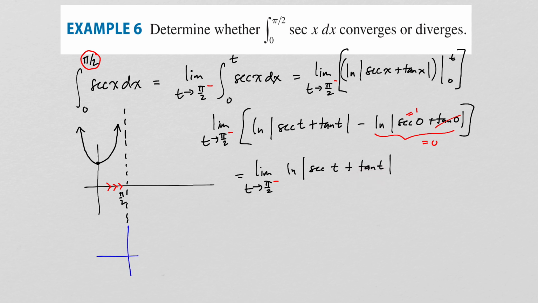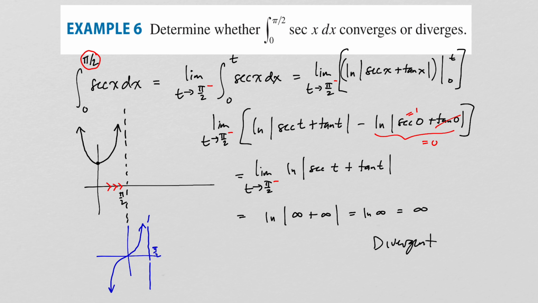Well, let's remember the tangent graph looks like this, and it also approaches infinity as you approach pi over 2 from the left. So in essence, this becomes the natural log of infinity plus infinity, which is the natural log of infinity, which is infinity. And that means that this integral is divergent.